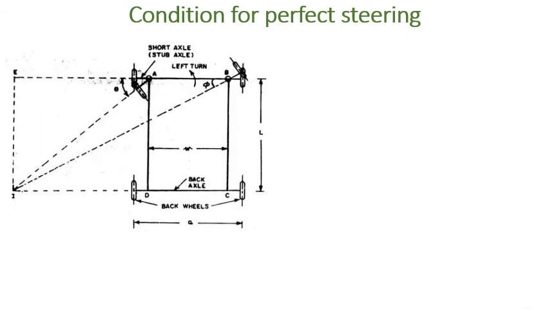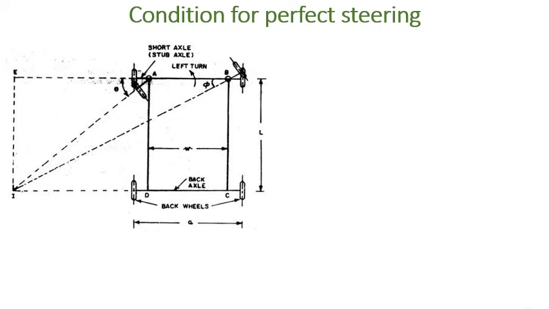So next one, condition for perfect steering. In order to obtain proper steering in a vehicle, it has to satisfy a condition. So what is that? Let us consider the same diagram.